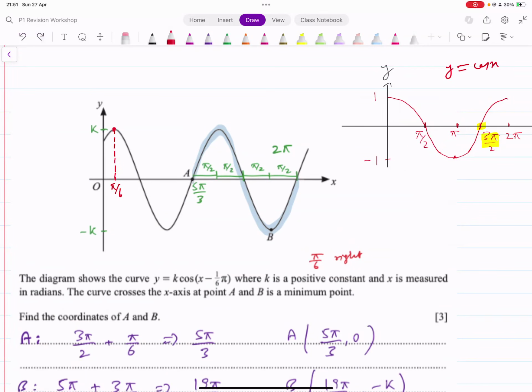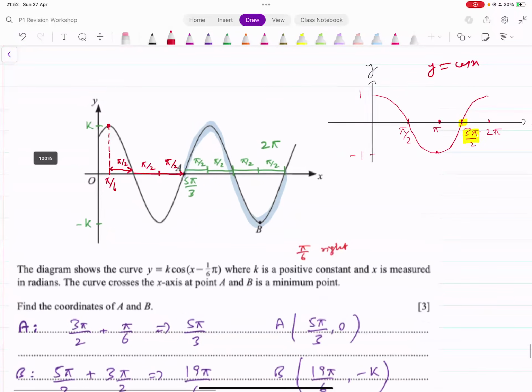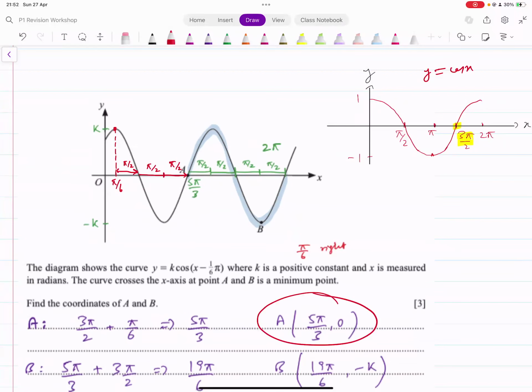So that means this distance from that maximum point to this point should be pi over 2. And then from this point to the minimum point, this is another pi over 2. So that's pi over 6 plus 3 pi over 2, and that gives you this point. That's 5 pi over 3. So the coordinates of A are 5 pi over 3 and 0.